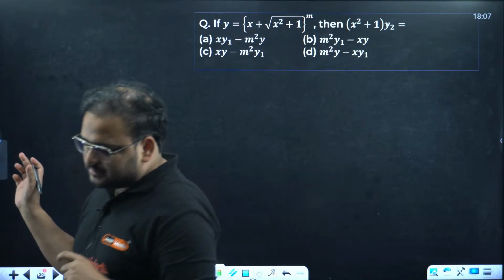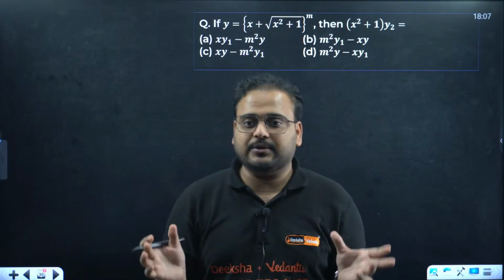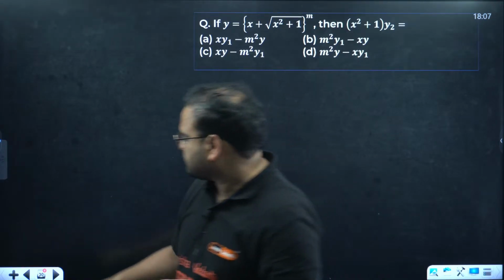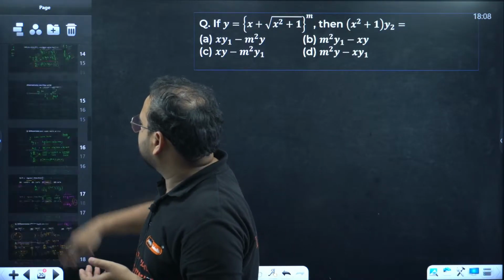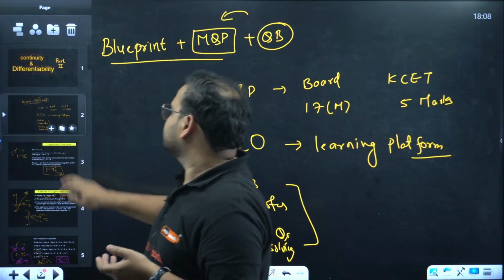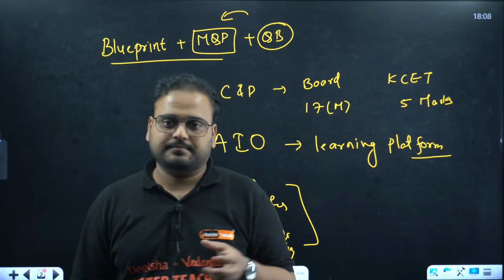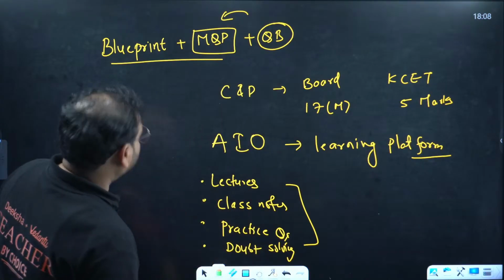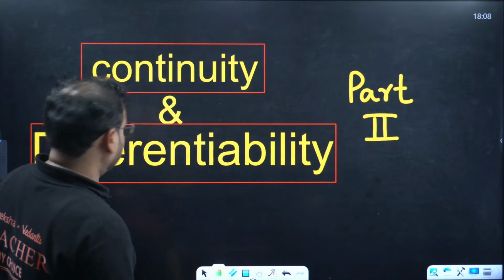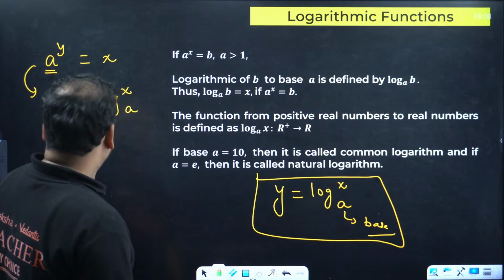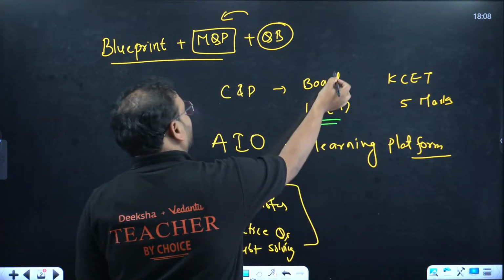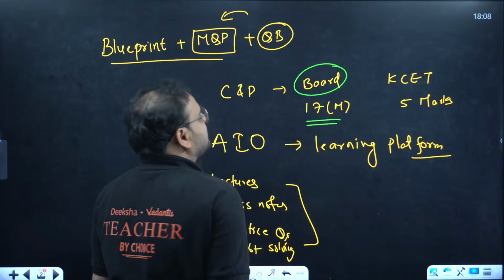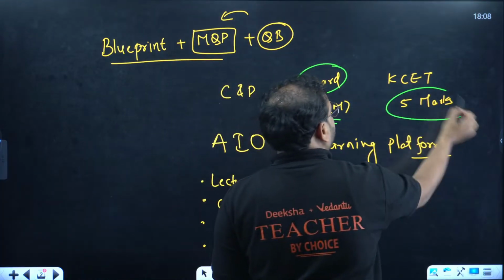The topics, or basically the whole chapter. If you talk about just the topic, so this is how it looks, right? It comes for 17 marks in your boards. This chapter is weighted 17 marks in your boards and 5 marks in your KCET.